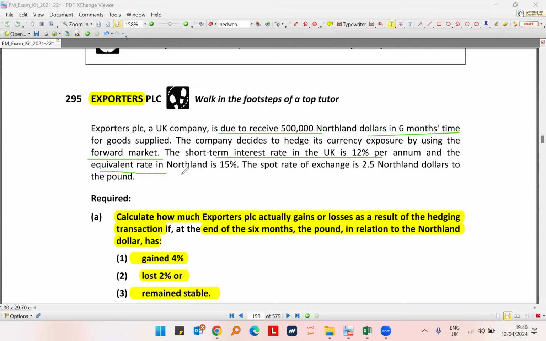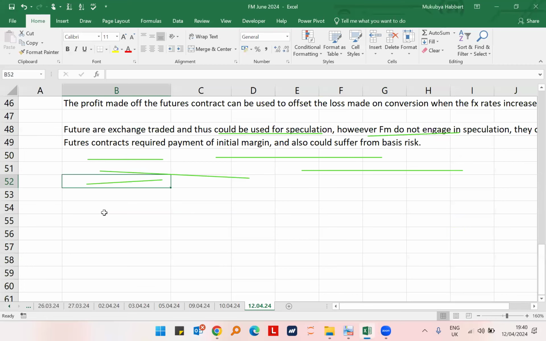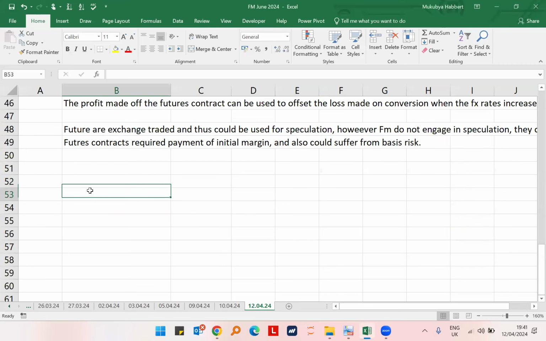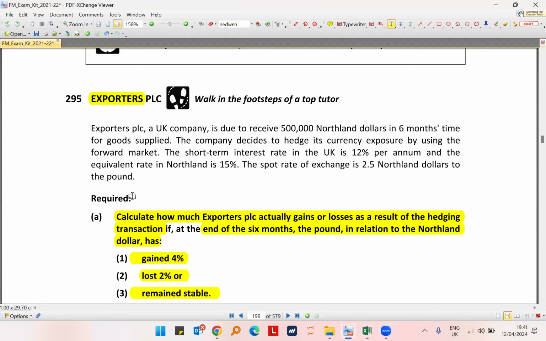So we can first of all just take this in the Excel. So we are looking at exporters PLC. So remember that what we have at our disposal, they have told us that we are receiving 500,000 Northland dollars.